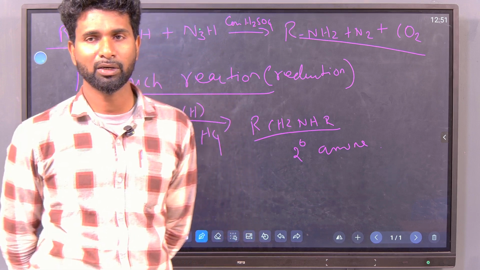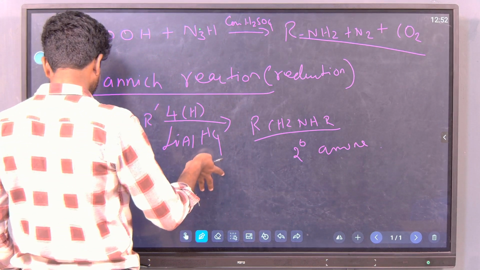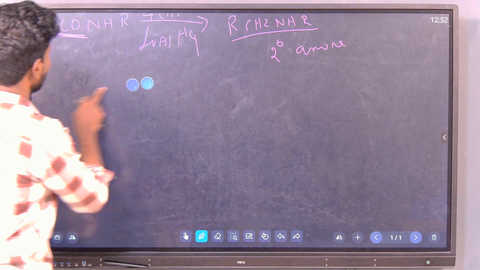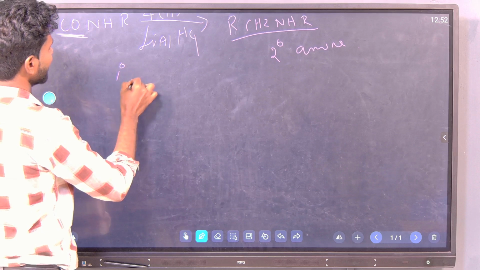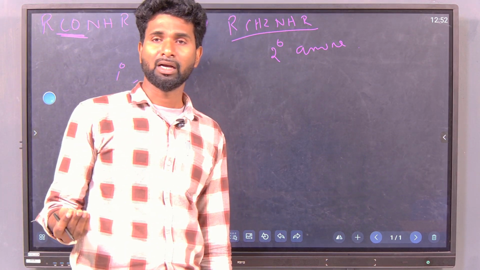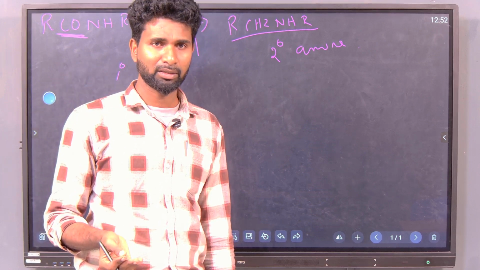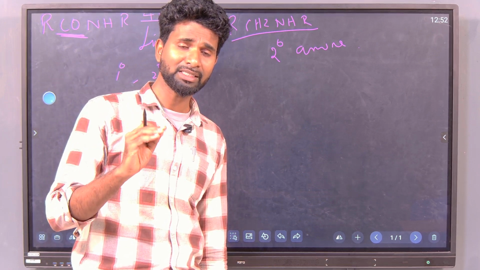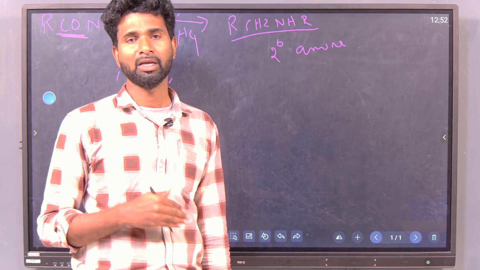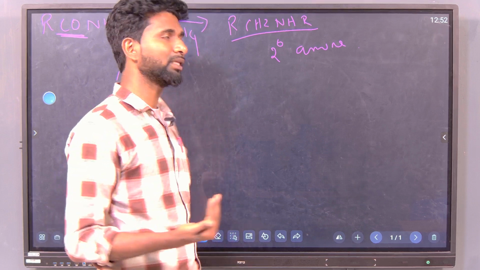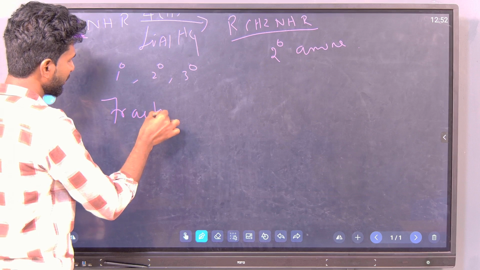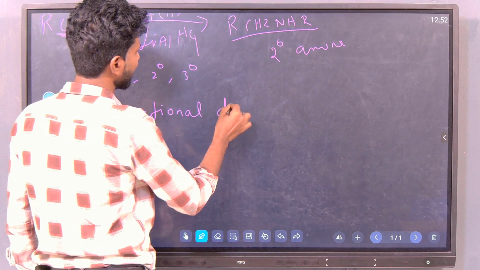Benzene sulfonyl chloride, which is called Hinsberg reagent, we can also use to classify or distinguish the three classes of amines. For separation, we have to use the fractional distillation method.